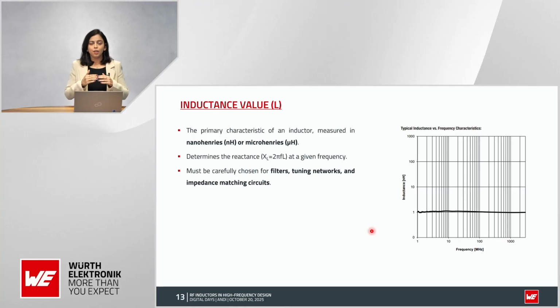That means if we are increasing the frequency, the reactance is increasing. And with this increasing reactance, the signal passing through it is blocked more and more by this inductor. Therefore, we should choose this inductance value very carefully for filters, tuning networks, and impedance matching circuits.